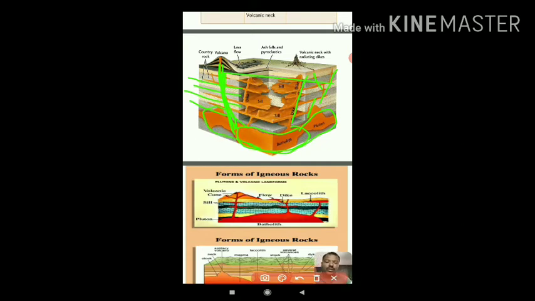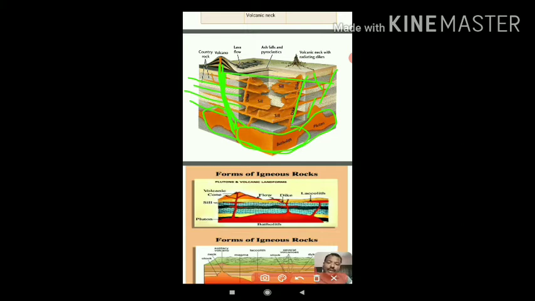Batholiths are igneous intrusions with a very huge mass of magmatic material that comes from the magma chamber and is injected into the earth at a very deep region. Here the parent rock is also immingled, meaning the materials are melted and become part of the batholith.